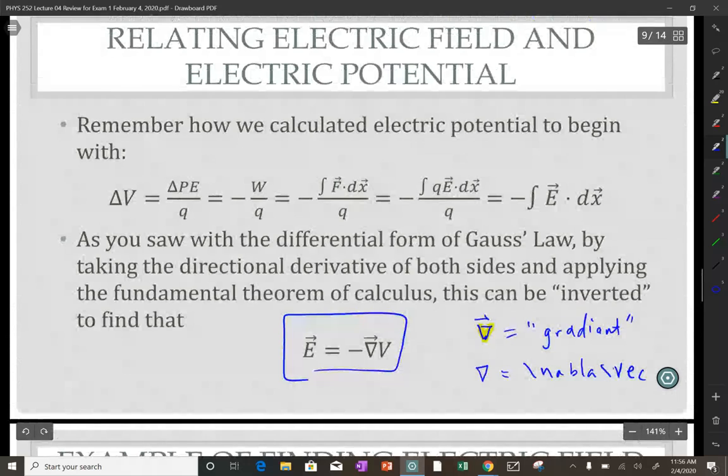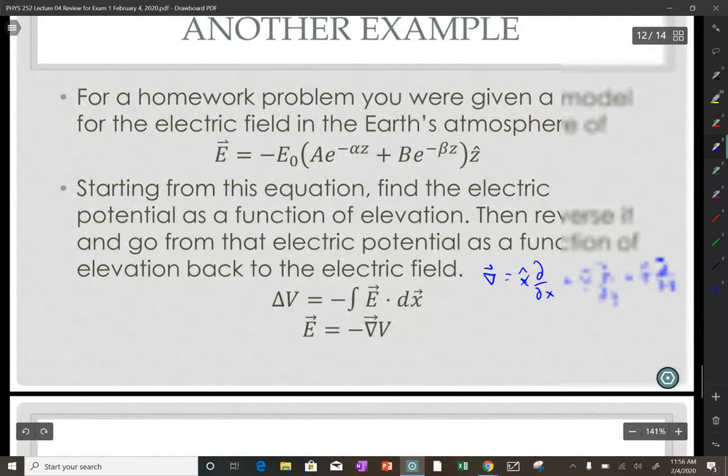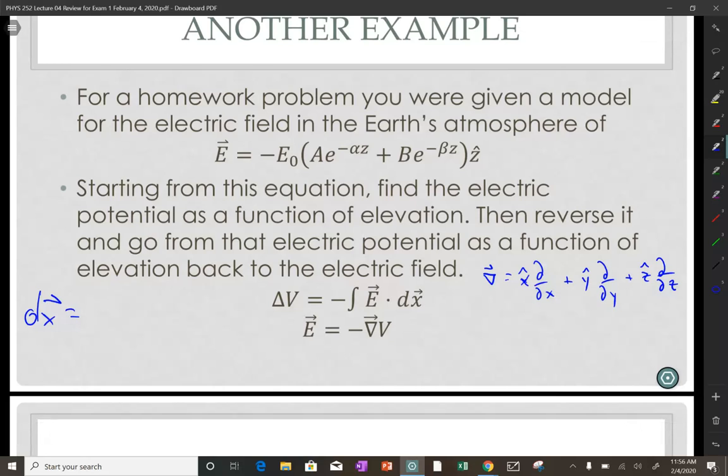It's just going to be x hat dx plus y hat dy plus z hat dz. So that's what that is.